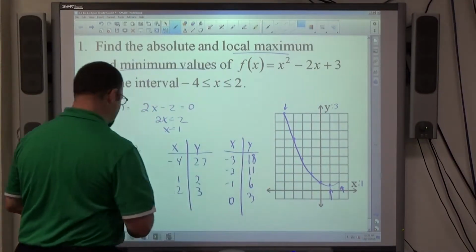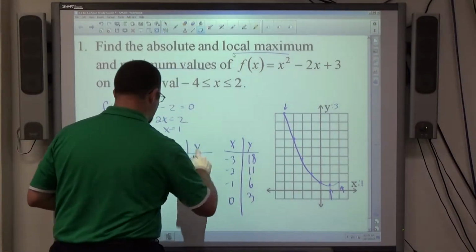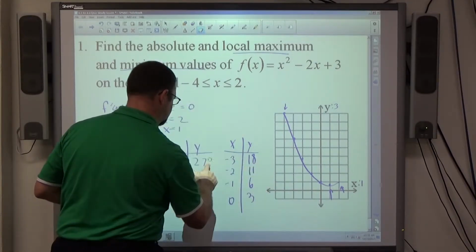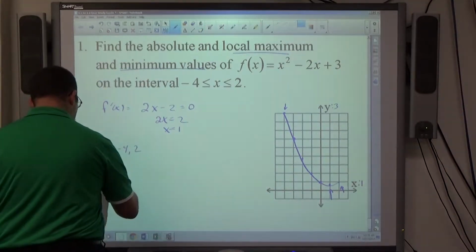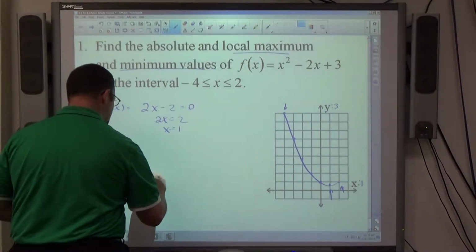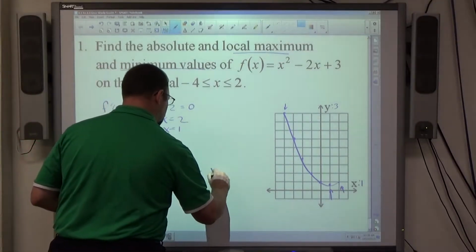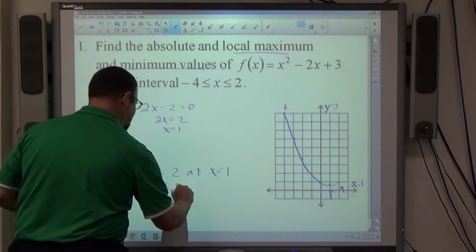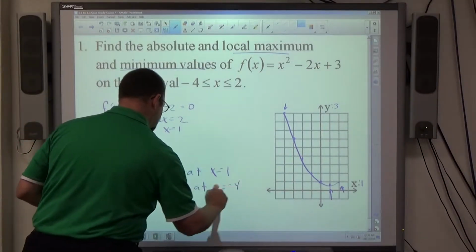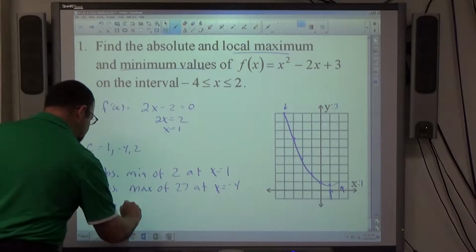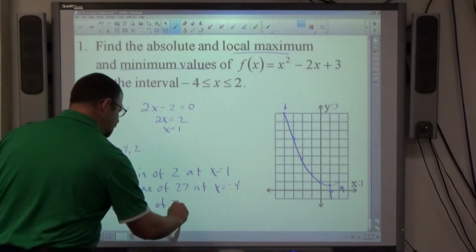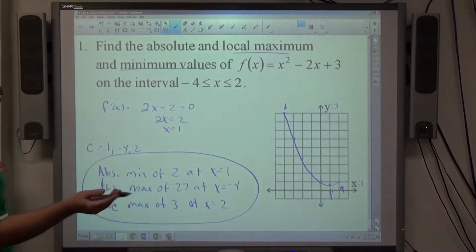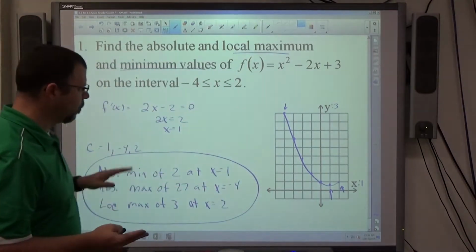So if I'm identifying absolute and local maximum and minimum values, I'm going to have an absolute minimum of 2 at x equals 1, an absolute maximum of 27 at x equals -4, and a local maximum of 3 at x equals 2. Again, no local minimum. This is an absolute minimum, but there's no local minimum.